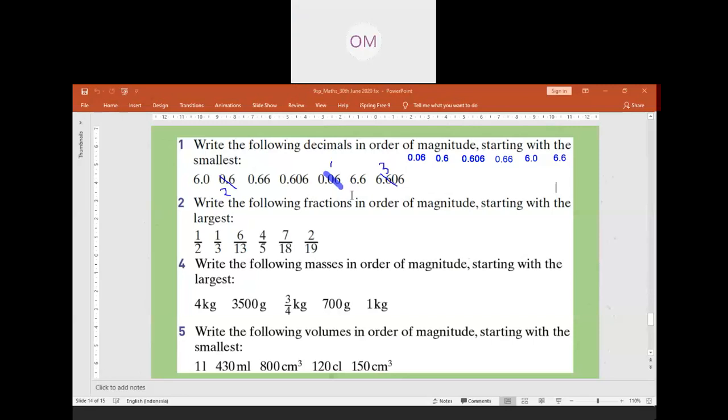Anyone? Teacher, what about number 3? Teacher put the wrong number. Oh, which one did I put wrong? Never mind. 0.06 and then 0.6, 0.606, 0.66, right?